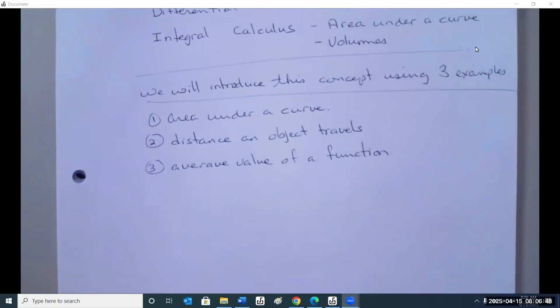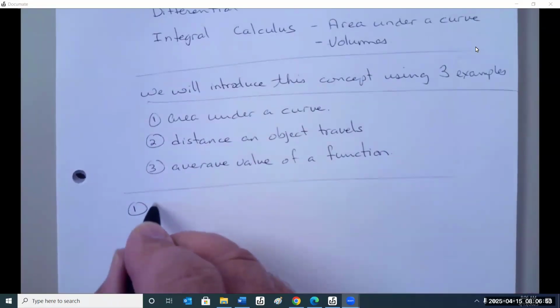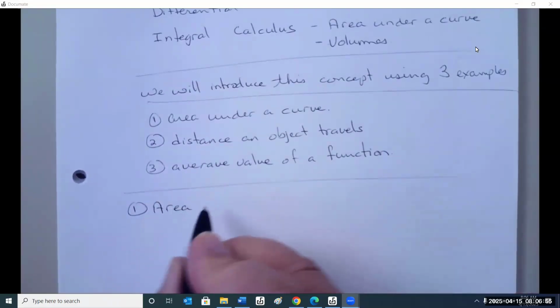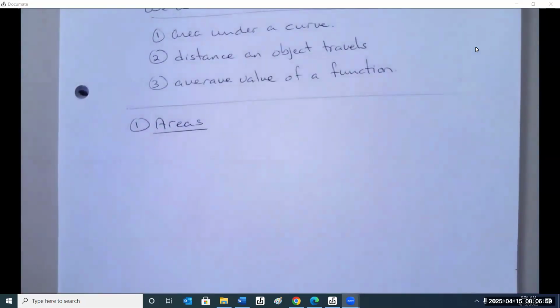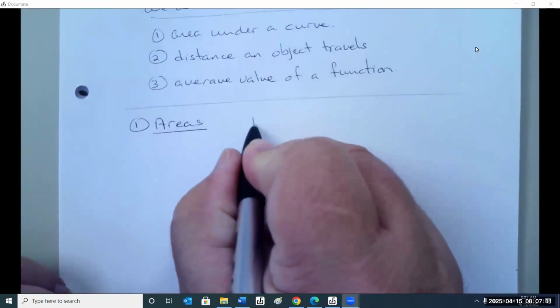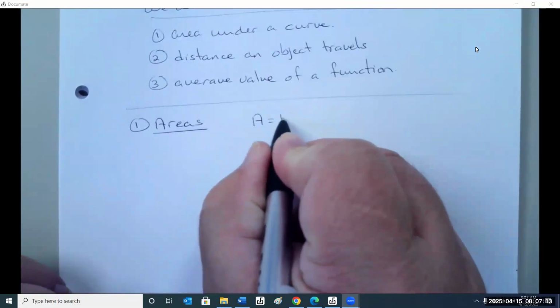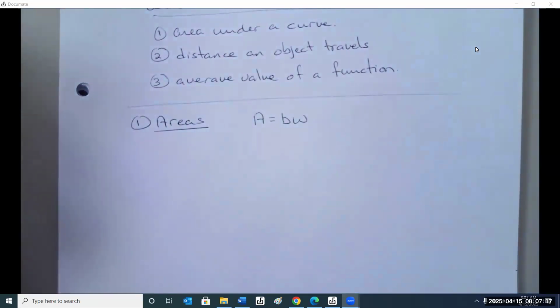So let's begin. The first one, areas. What's the formula for area? Two-dimension calculations.